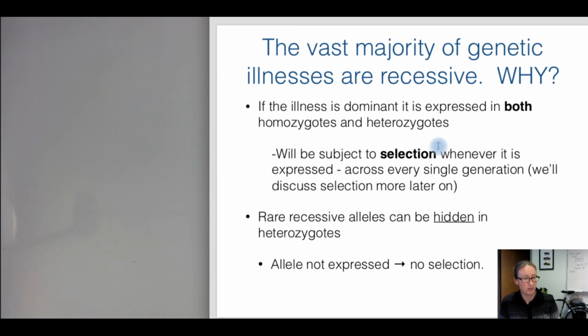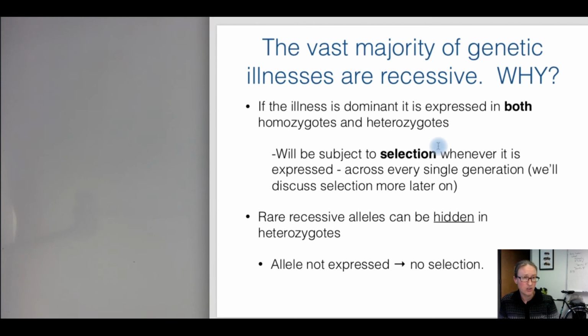And we're going to talk more specifically about selection later on. But what that means is if that genetic illness has implications for an individual's ability to survive and have kids, then anytime someone has that dominant allele, their chances of surviving and having kids are going to be reduced, and the chances of passing on that allele are going to be reduced.